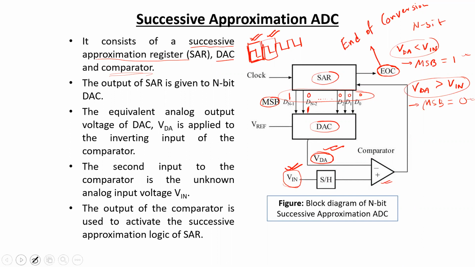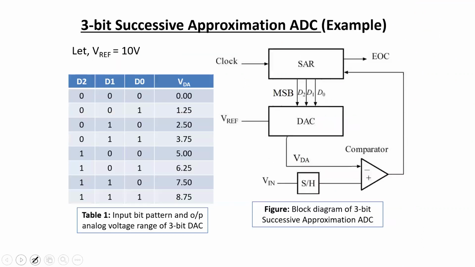Now, an example of a 3-bit successive approximation ADC might be helpful to get a better insight into the operation of this particular ADC. For the 3-bit successive approximation ADC, the SAR is supposed to generate 3 bits as its output, and those 3 bits work as an input to this DAC.